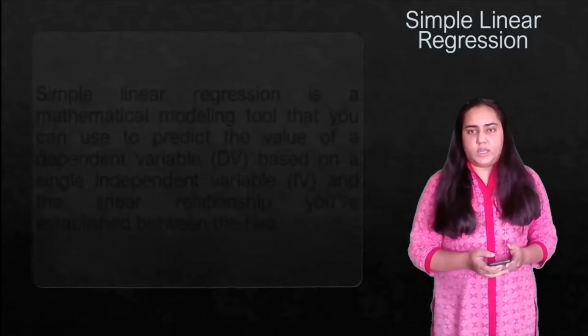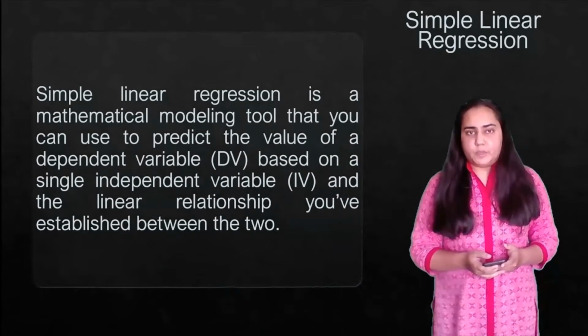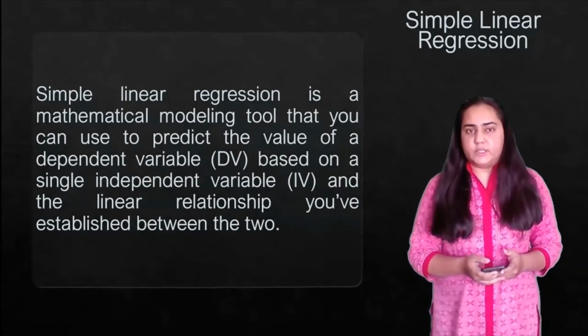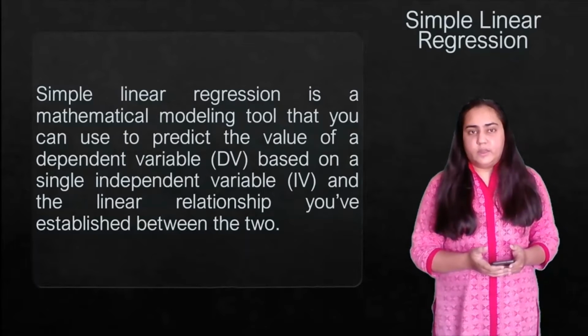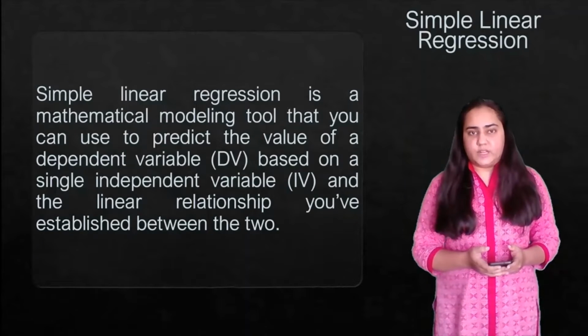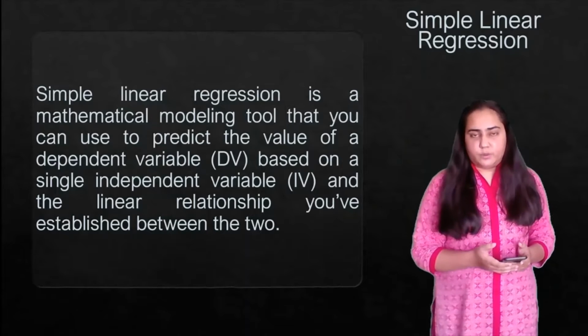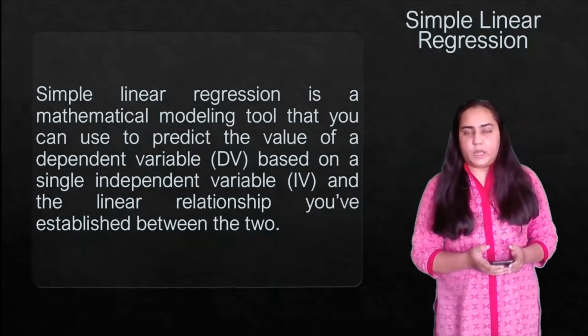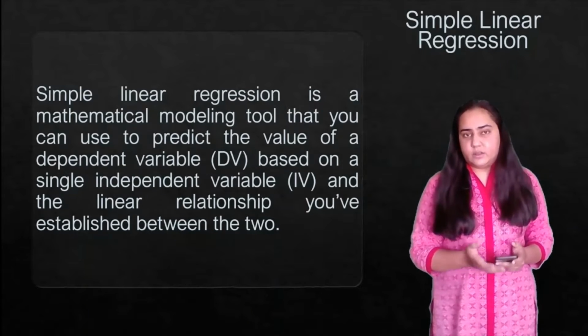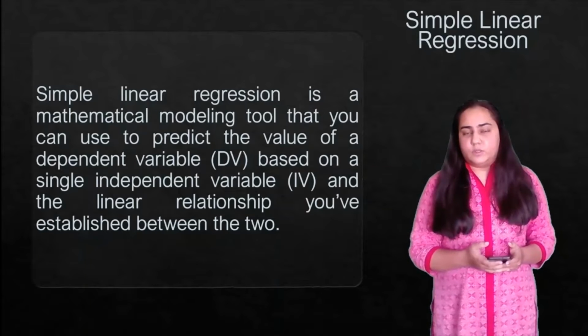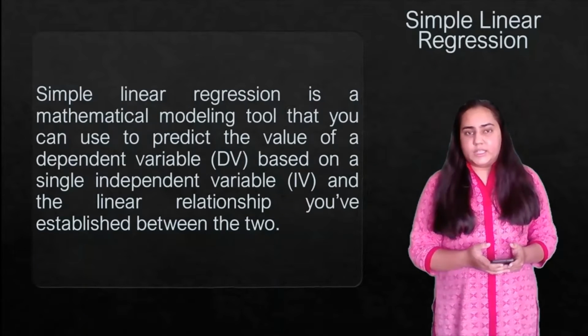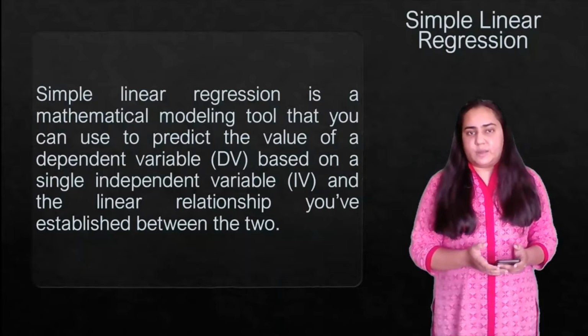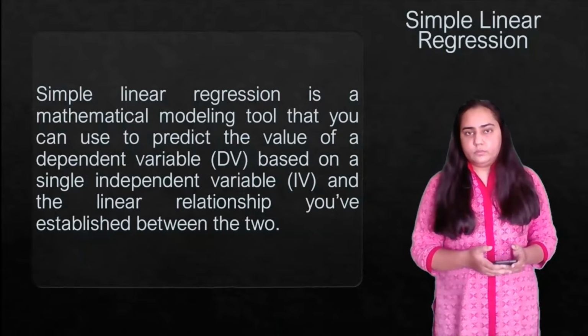First, we'll begin with a simple linear regression. Simple linear regression is a mathematical modeling tool that you can use to predict the values of a dependent variable, which is denoted by DV, based on a single independent variable denoted by IV, and the linear relationship you've established between the two.